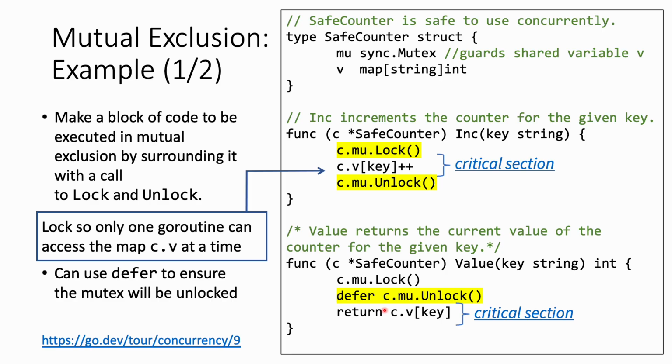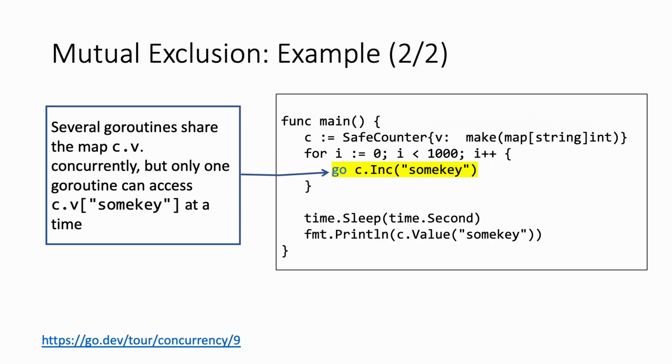Each time a Go routine accesses the map v, it must call the mutex's lock method to acquire an exclusive lock. If some other Go routine has acquired the lock, this operation will block until the other Go routine calls unlock and the lock becomes available again.